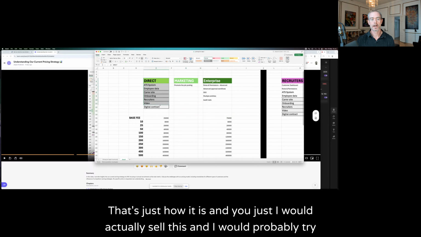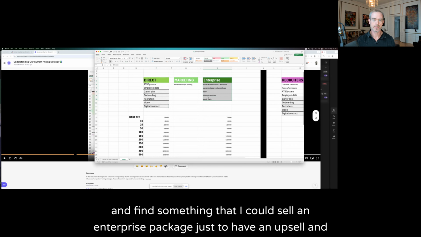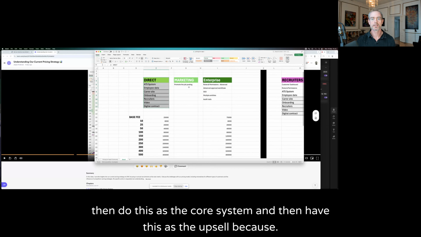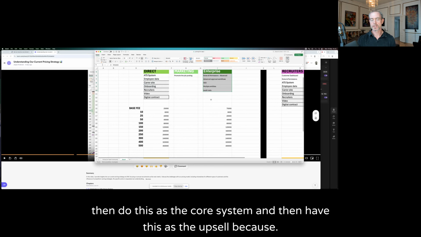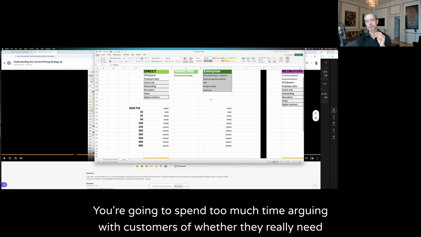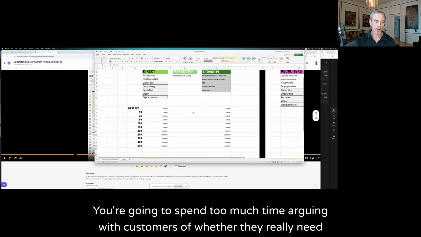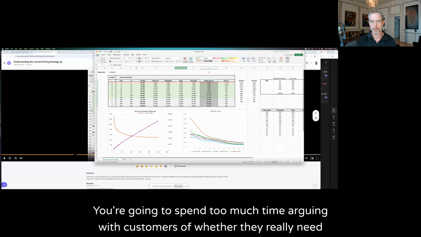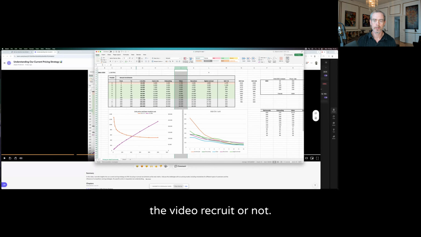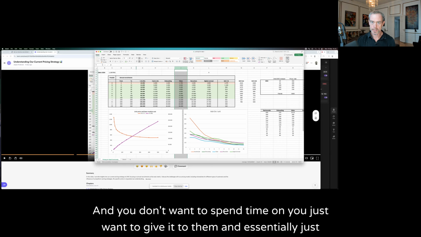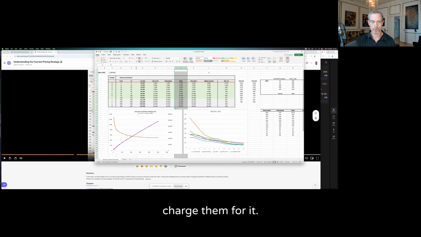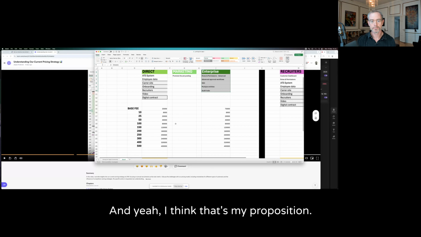I would probably try and find something that I could sell as an enterprise package just to have an upsell, and then do this as the core system, and then have this as the upsell. Because you're going to spend too much time arguing with customers about whether they really need the video recruiting or not, and you don't want to spend time on it. You just want to give it to them and essentially just charge them for it. And yeah, I think that's my proposition.